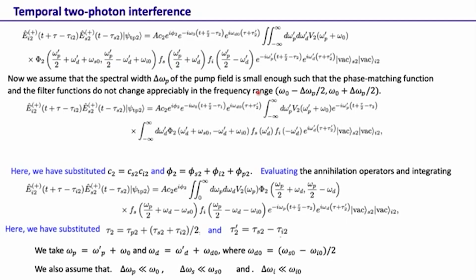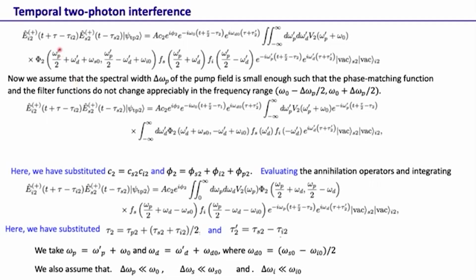With these assumptions, we can separate the two integrals, omega p prime and omega d prime. The omega p prime integral has the V2, and the omega d prime integral has the rest of it. Of course, this one does depend on omega p prime, but we assume that the phase matching function does not change much in this omega p prime range, and that's why we can replace omega p prime by its central value.